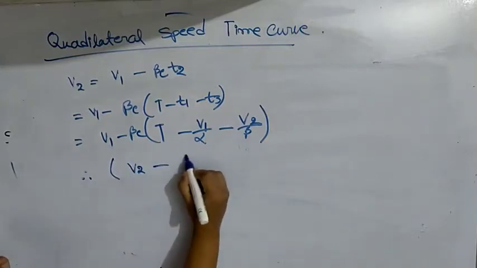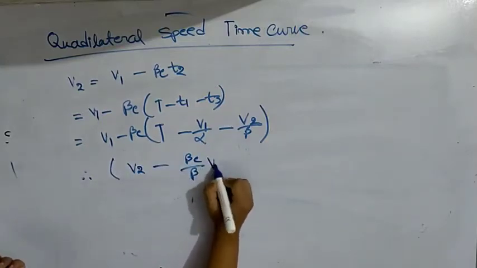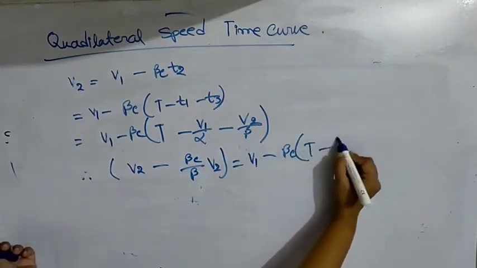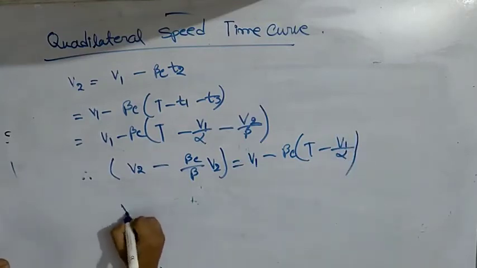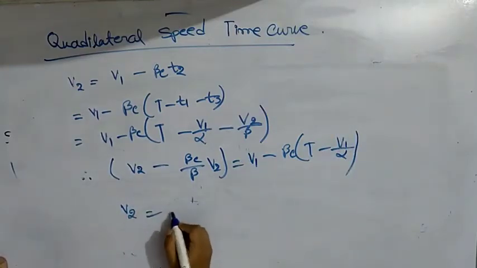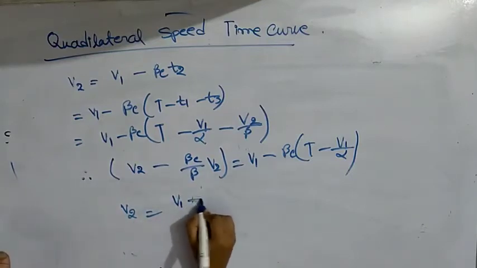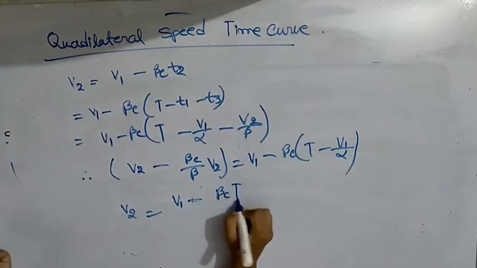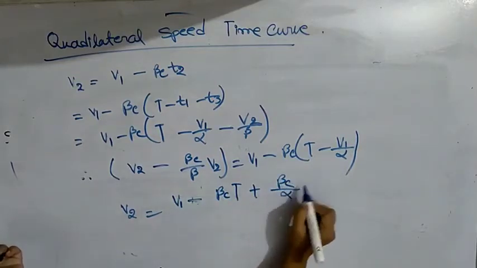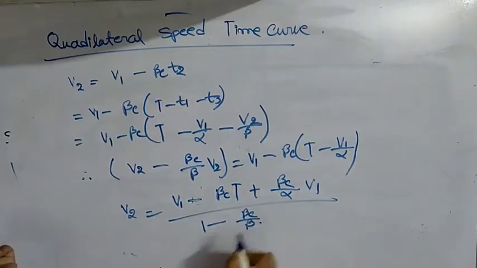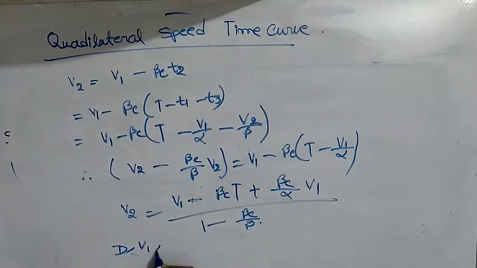So from here we can write V2 is equal to V1 minus beta C T plus beta C by alpha V1, divided by 1 minus beta C by beta. Now from these equations we get the values of D, V1 and V2.